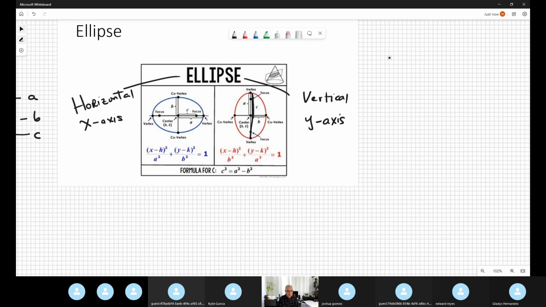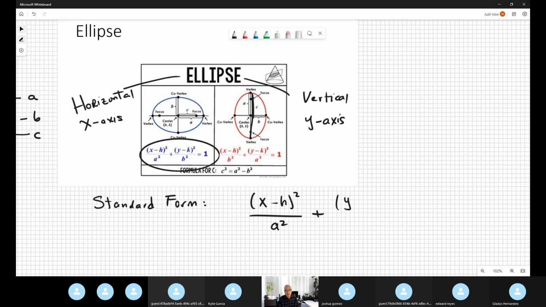We have the standard form of the equation for the ellipse. You know, look, suppose the blue equation, I want to copy again. (x minus h) squared over a squared plus (y minus k) squared over b squared equals 1. Okay, in the standard form, you need to guarantee that the right-hand side is always 1.